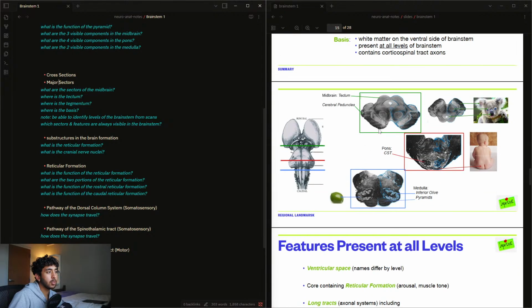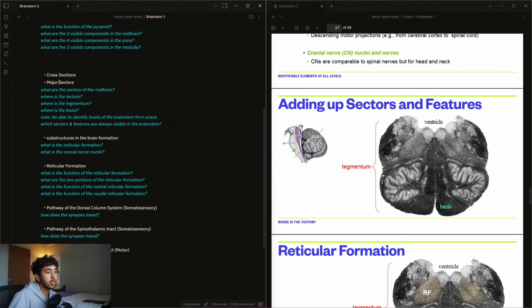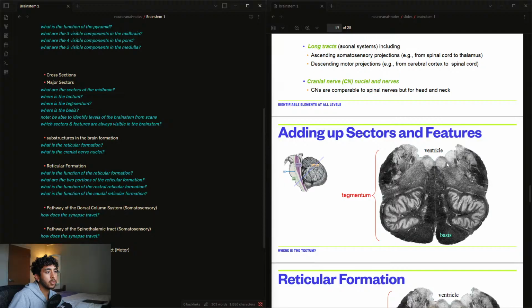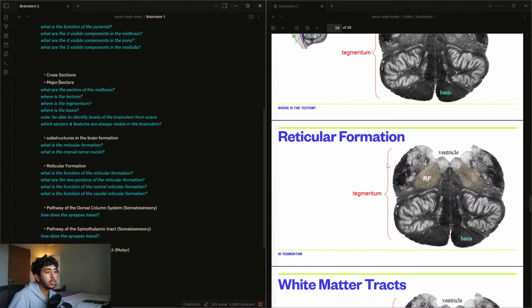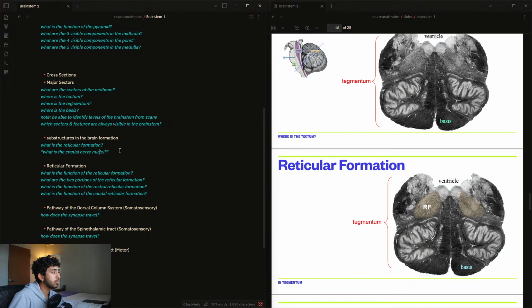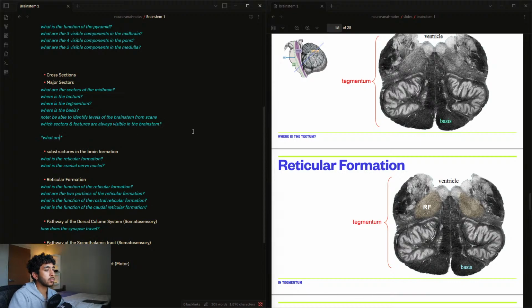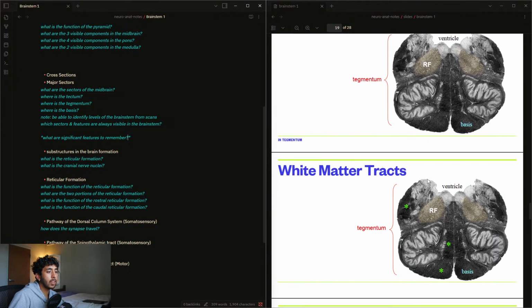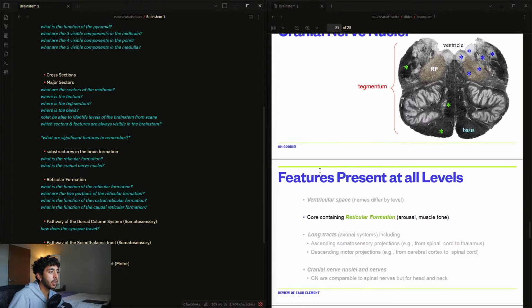So we need to find the tectum. Tectum is up here. So this looks far below. Tectum would be over here. So here I'm looking for tectum, reticular formation, white matter tracts, cranial nerve nuclei.